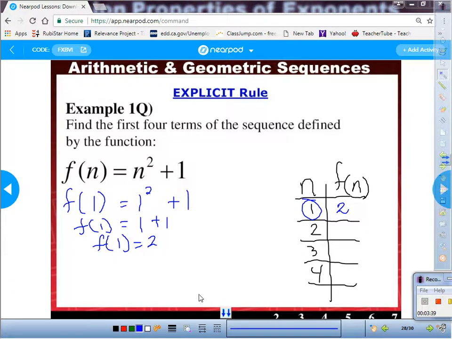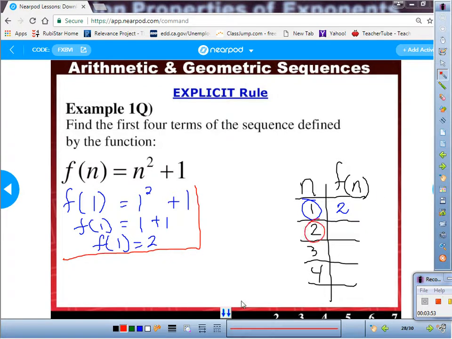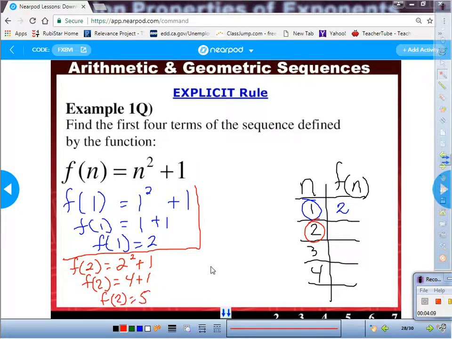Is everybody following? So to find my next term, I need to substitute. I need to substitute which value now? 2. So instead of n, what am I going to write? F of 2 equals 2 squared plus 1. What is f of 2? What is 2 squared? 4 plus 1. What is 4 plus 1? F of 2 is 5.